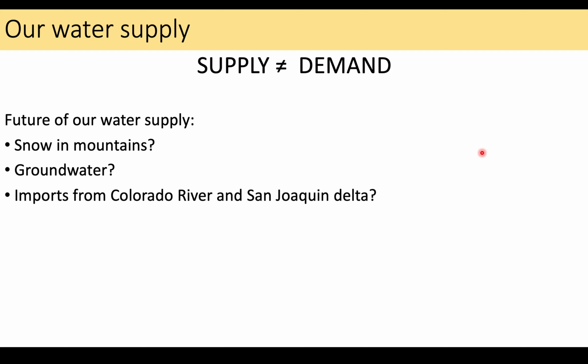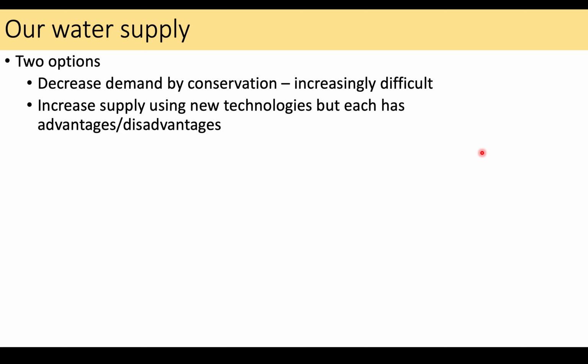So water supply in California is very scarce. Southern California does not have the water to fuel the people and the economy that we have here, so it has to be brought in from somewhere else. Really, there are two options to help us solve the water scarcity issue.